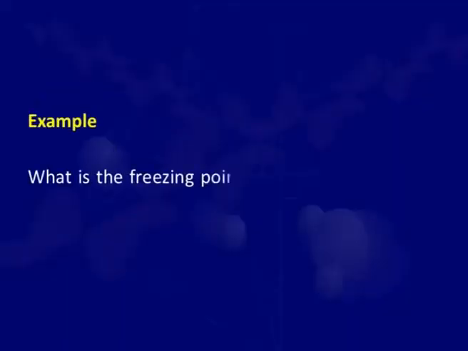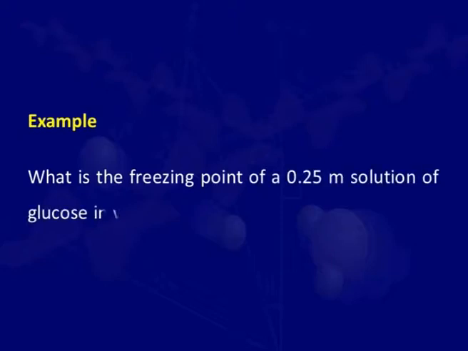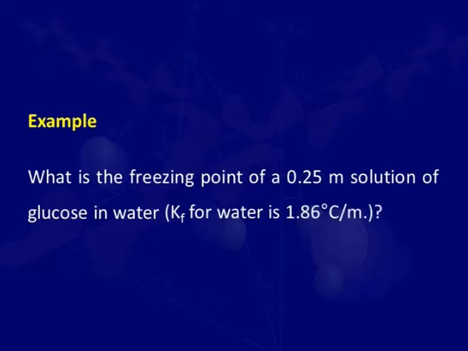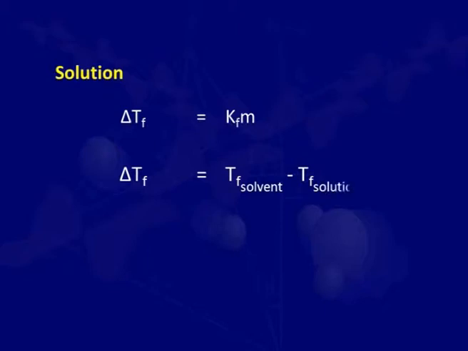What is the freezing point of a 0.25 molar solution of glucose in water? Kf for water is given as 1.86 degrees Celsius per molality. As you know, delta Tf is equal to Kf into molality, and delta Tf is equal to freezing point of solvent minus freezing point of solution.